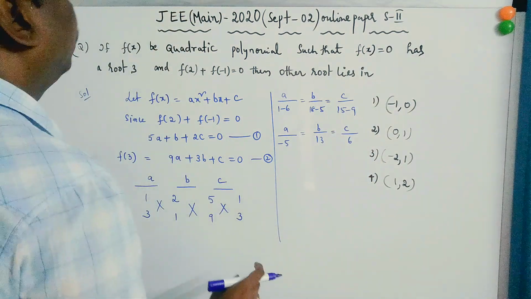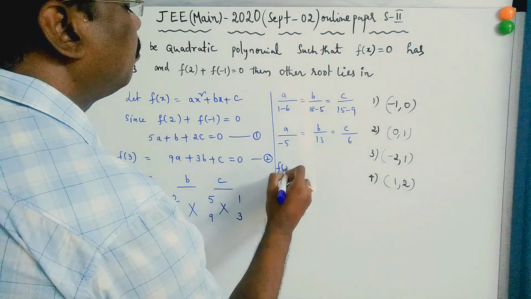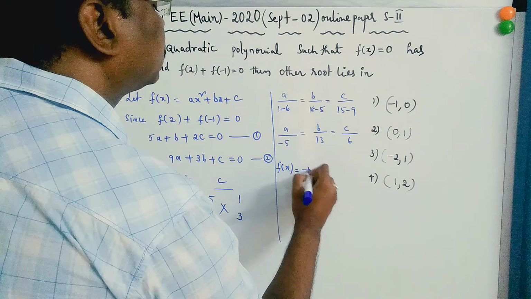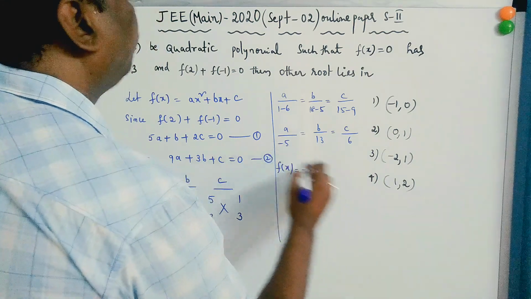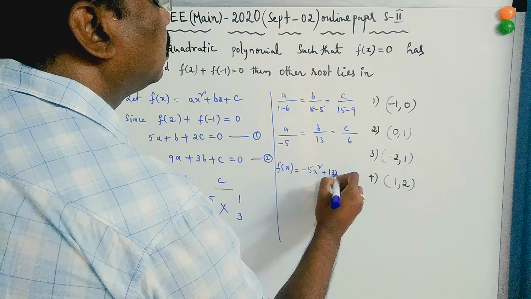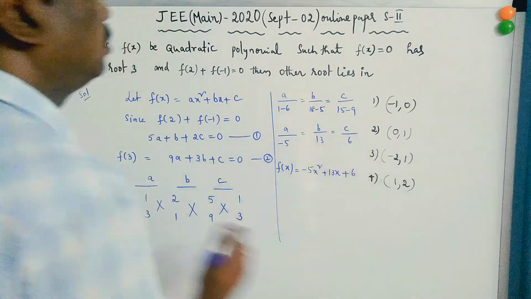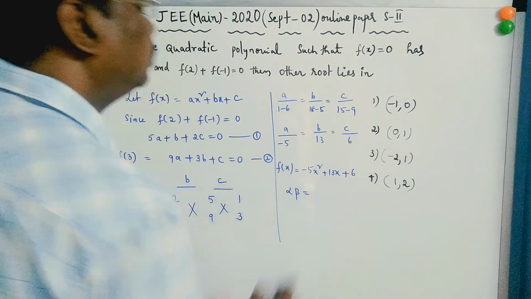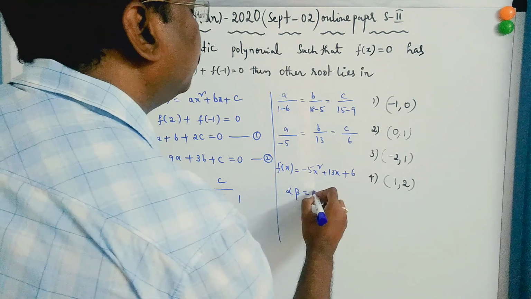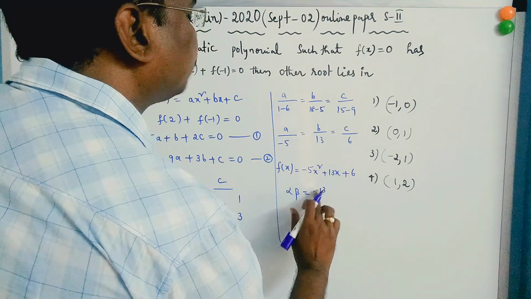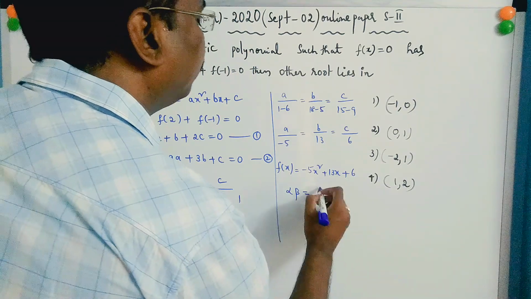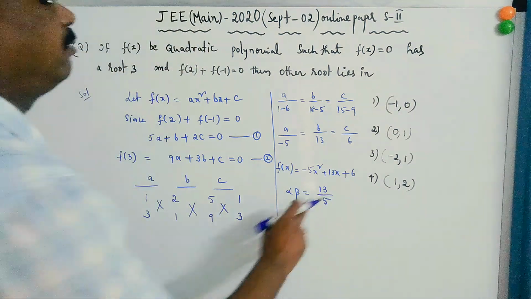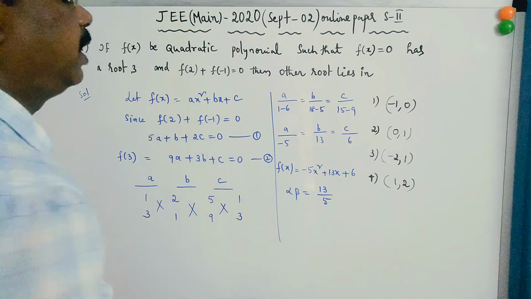Now f of x is equal to minus 5x square plus 13x plus 6. Okay, now sum of the roots alpha plus beta is equal to minus 13 by minus 5, which means 13 by 5.